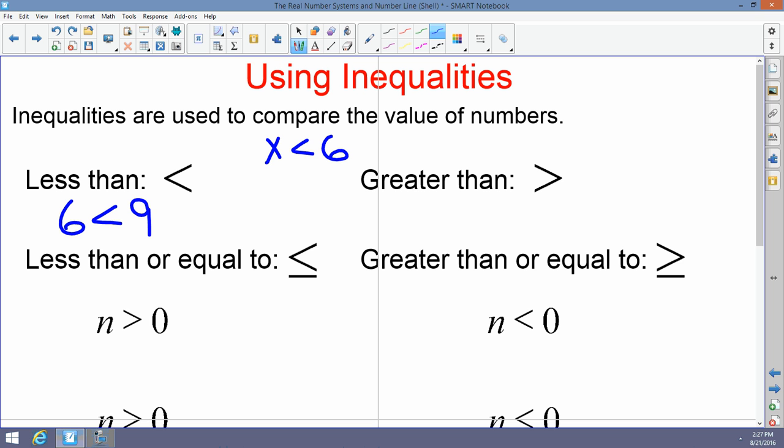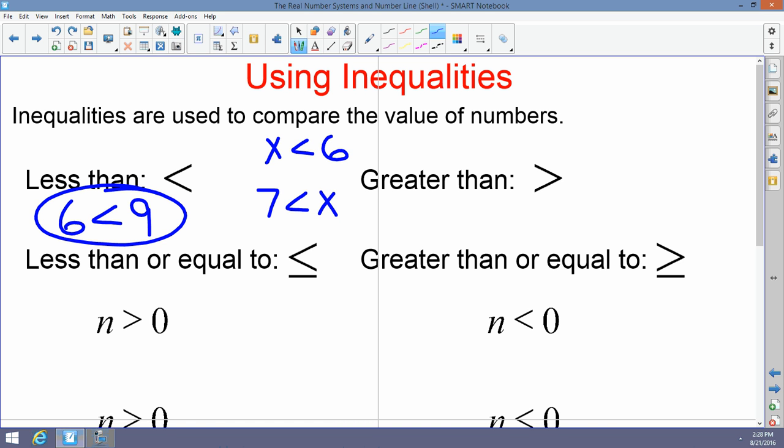You can read it 6 is greater than x, but that gets a little bit confusing. So whenever you have variables, read from the variable. In fact, the variable may not always be on the left side. You can have the following, and in this case, you have x is greater than 7. So when we're dealing with variables, you read from the variable. When we're dealing with just numbers, you can go left to right or right to left.